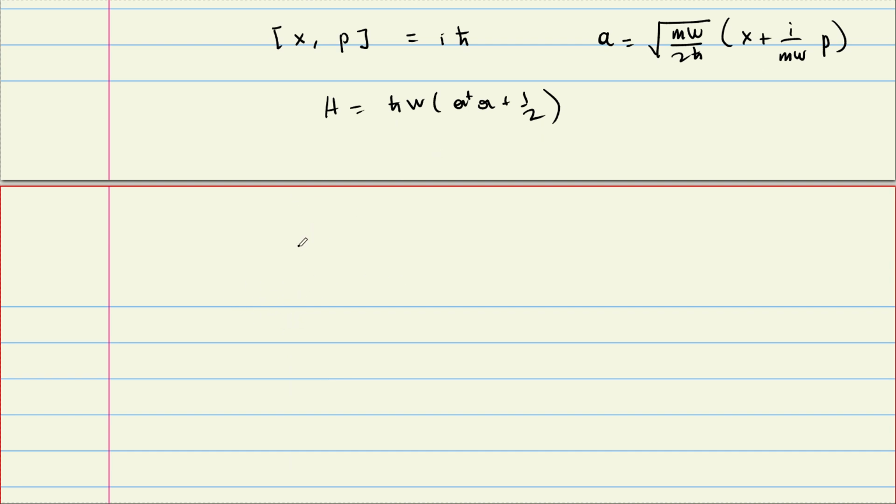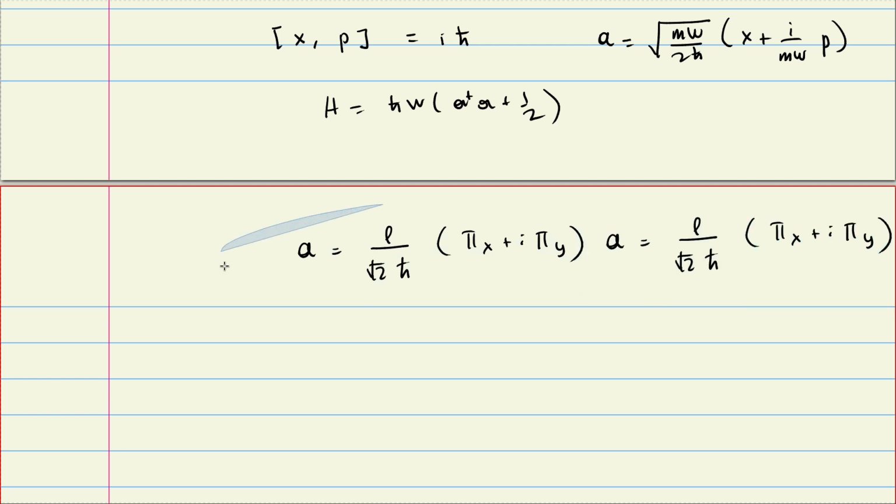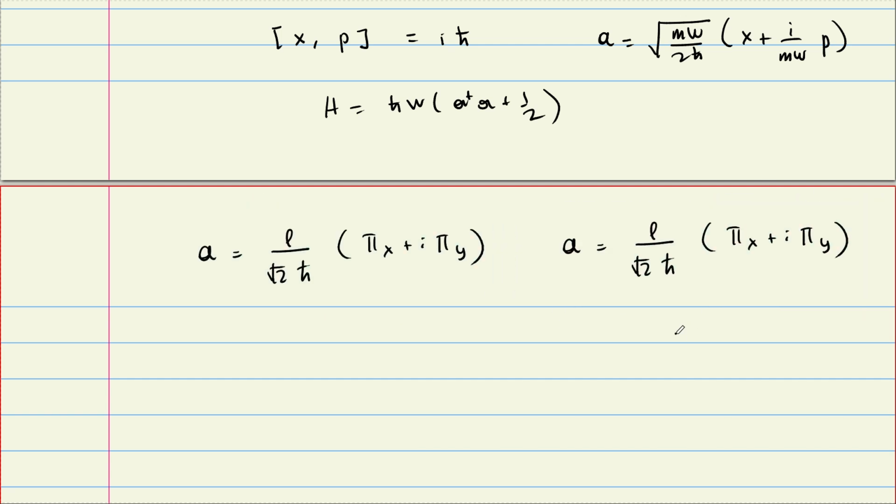So in this case, a is going to be defined like L over √2ħ times (πx plus i πy), and a dagger is just, let's pull this out, a dagger is just a minus here.